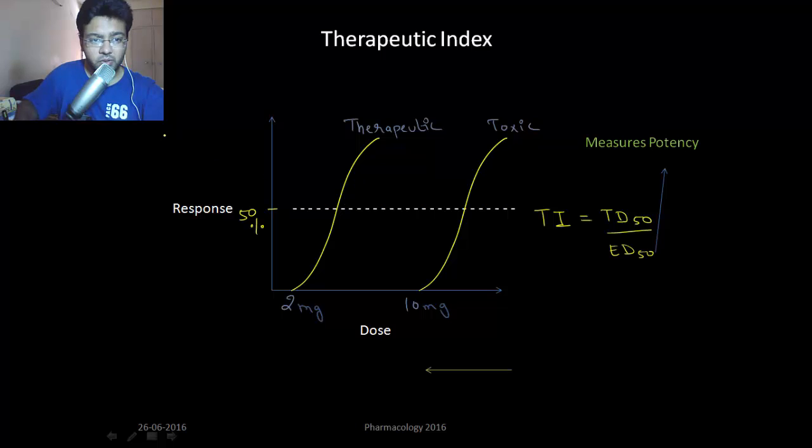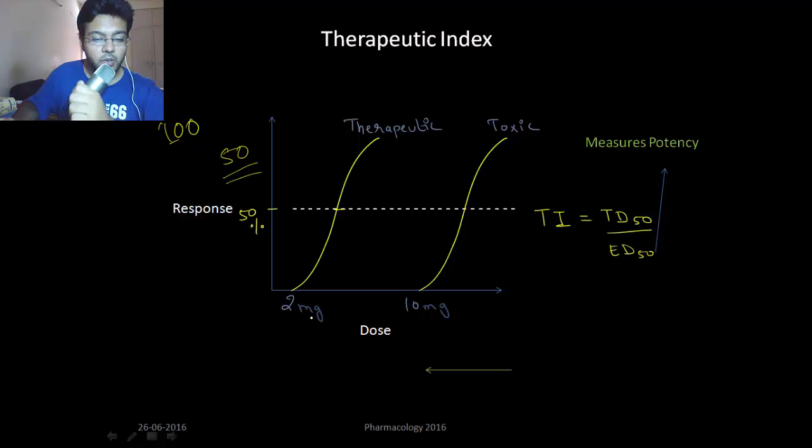Now let's suppose you have 100 patients, and to these 100 patients you give a 2 mg tablet and you mark the response. Out of these 100 patients, 50% develop an effect, right? We call this the effective dose, 50% of population, at 2 mg.